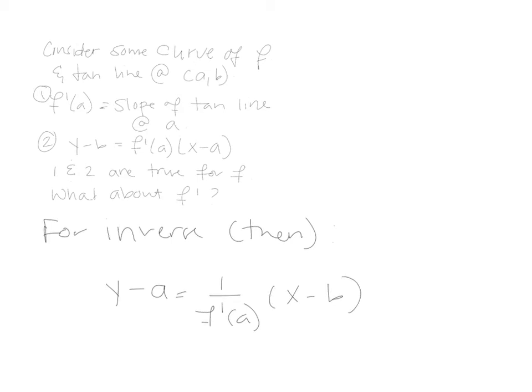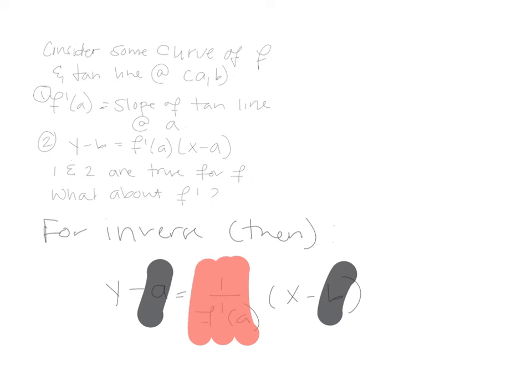So notice that I switched the x and the y, a and b, and notice that we now have a reciprocal for the slope. So what this formula allows us to do is find tangent lines for inverses given f.